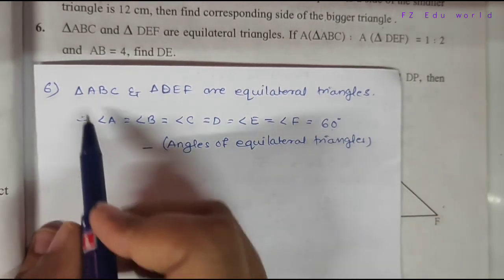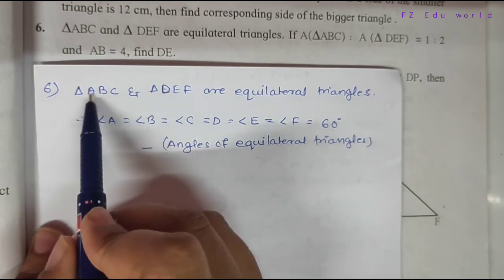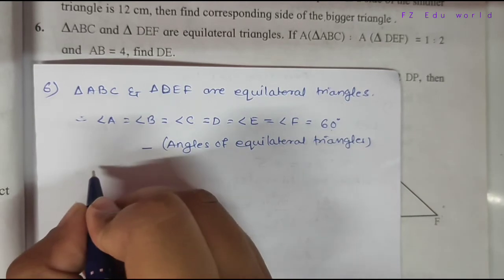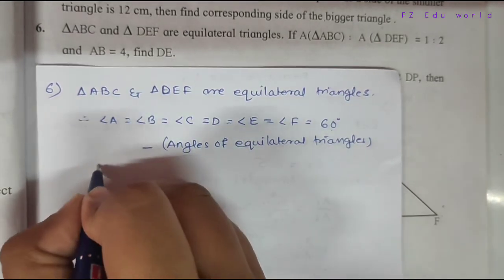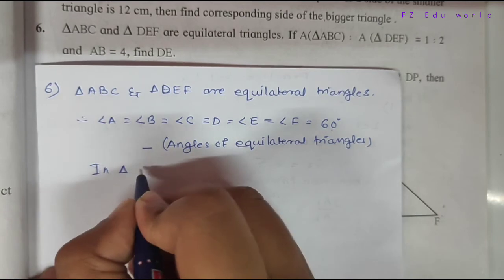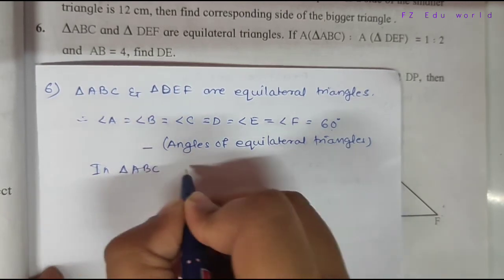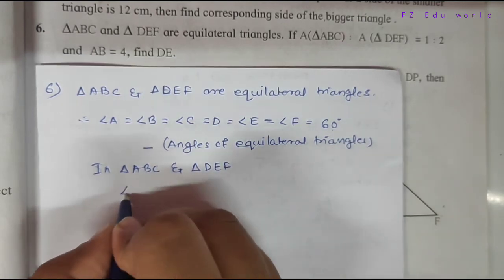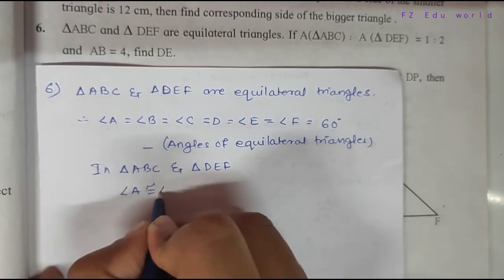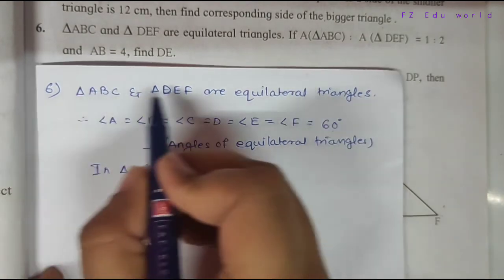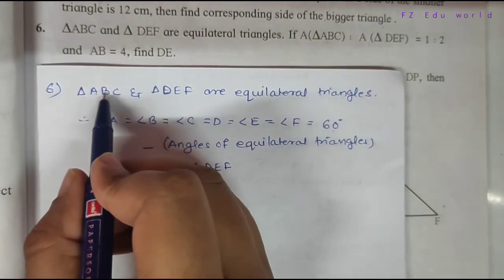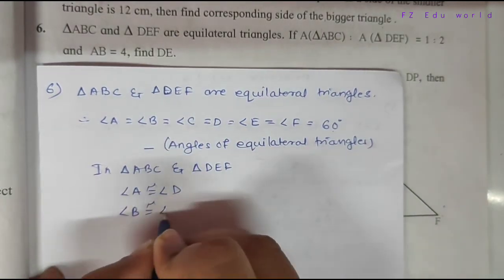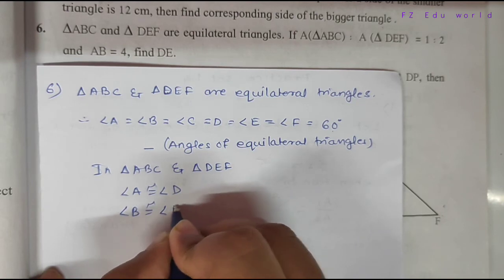Now, as these two triangles have all angles 60 degrees, we will write in triangle ABC and triangle DEF, angle A congruent to angle D, and angle B congruent to angle E. Why?